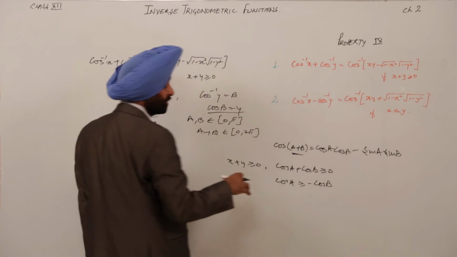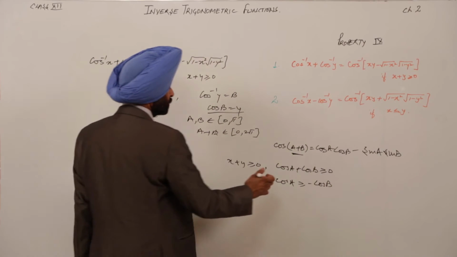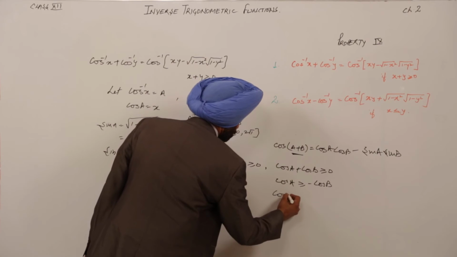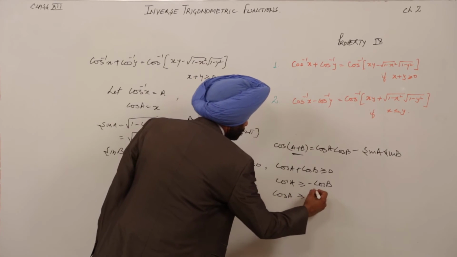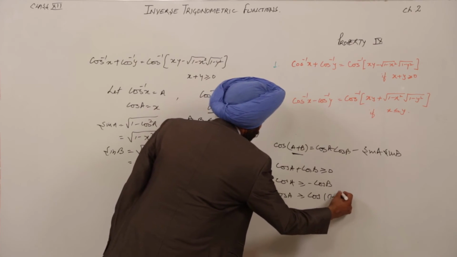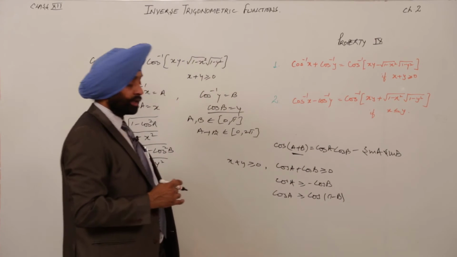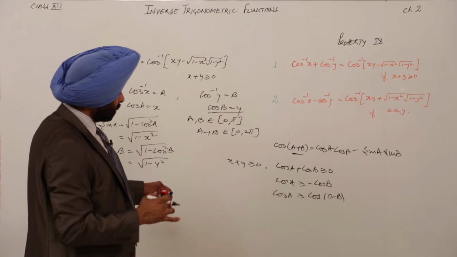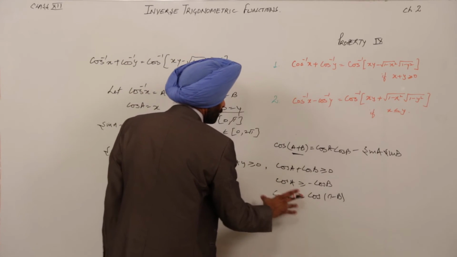Okay, this cos b shifts to that side, and for this one we can now write cos a is greater than or equal to cos of pi minus b, because here it is negative. Now for this particular part, what can we write here?